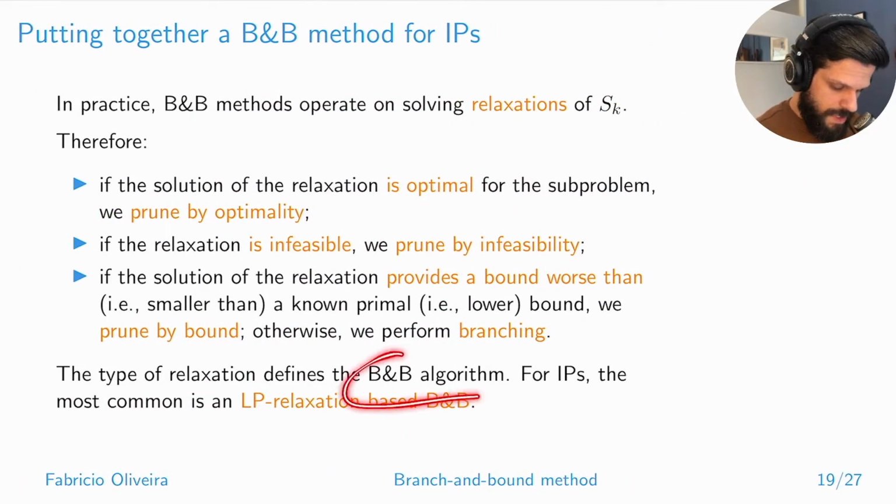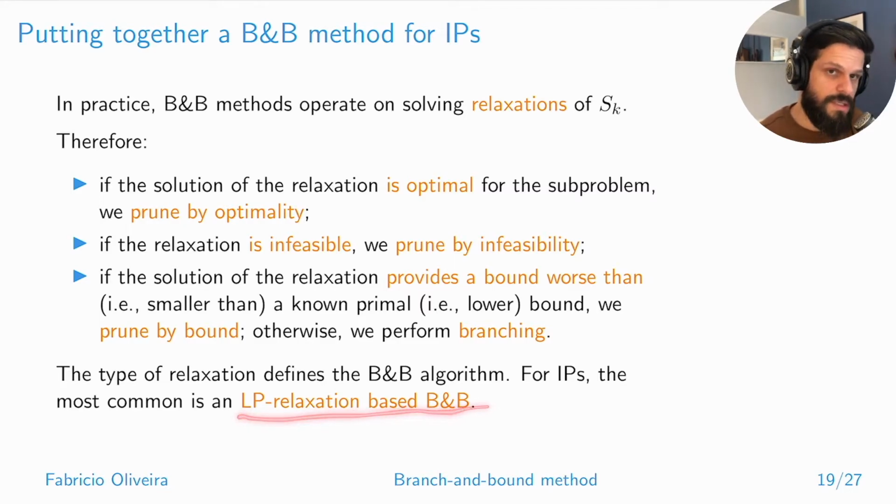So, like I was saying, what we're going to be looking into is a branch and bound algorithm that is geared towards solving IPs. And for solving IPs, the most common and the most widespread is LP-based. So it's an LP relaxation-based branch and bound. So the relaxations we're going to be solving are LP relaxations, and we'll have to devise specific mechanisms for branching that are going to be concerned about fractional variables.